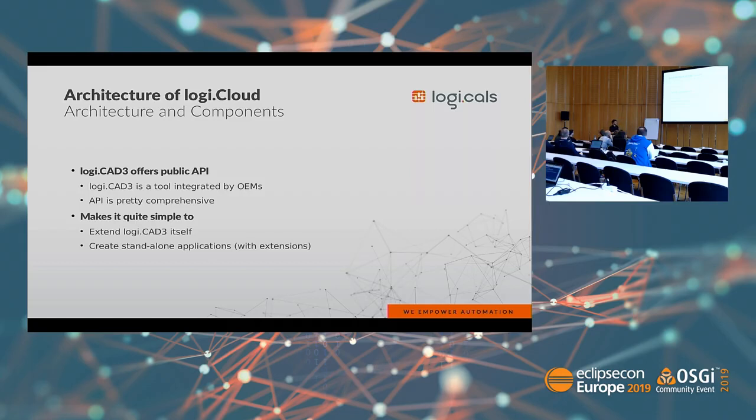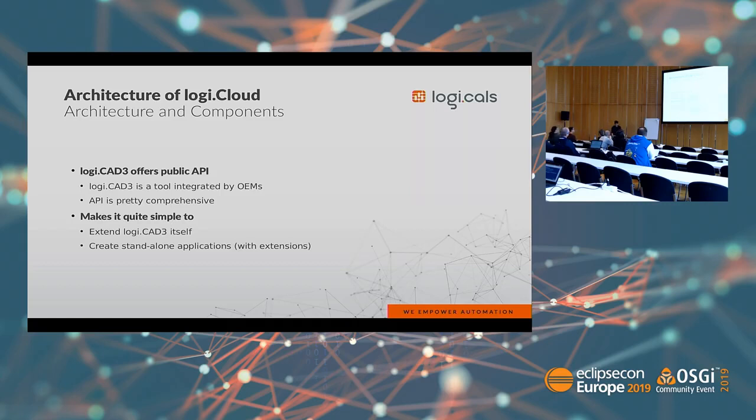And using this API, they can also use almost all functionality that's available in the menus or somewhere else in the IDE. So as a result, it is quite easy to extend Logic 3 itself, but more importantly for Logic Cloud, it is also possible to create standalone applications, right?